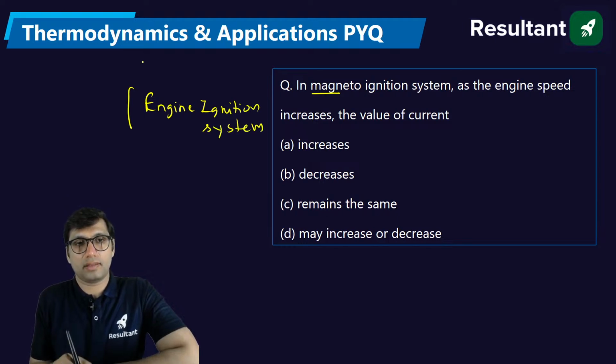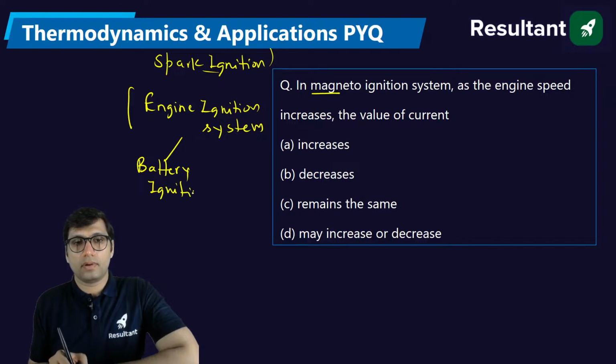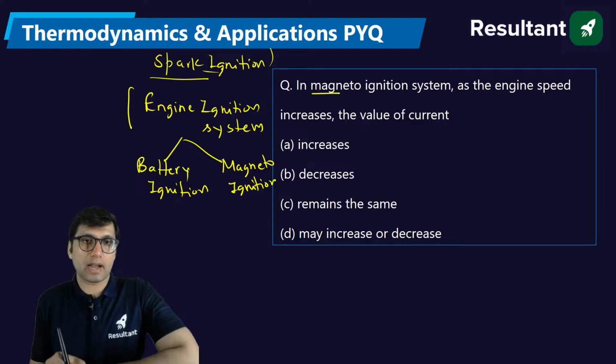When we study spark ignition in the petrol engine, the spark can be produced either through a battery ignition system or through a magneto ignition system. The required voltage is produced across the spark plug gap, and because of that the spark is created. But as the engine speed increases, the value of the current will increase. Okay, remember this.